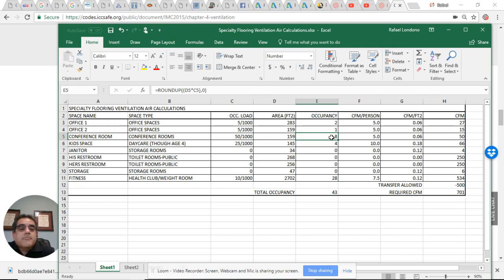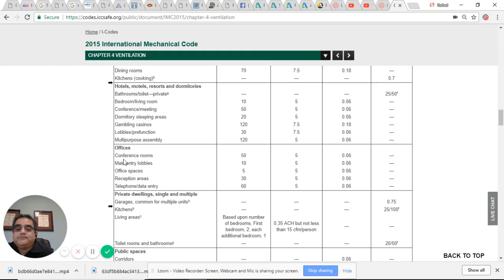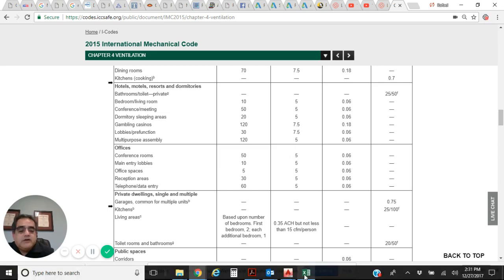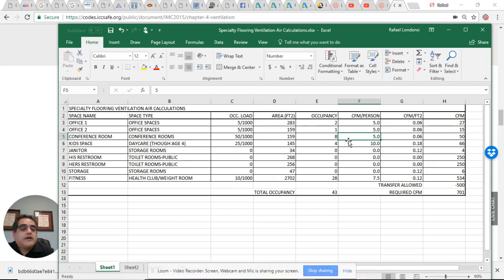Whatever. So let's see if the CFM per person for conference room and the CFM per square foot change. Go back to the table and the conference rooms 50. We have that, and it's 5 and 0.06, just like it was in offices. So that area is good to go. We calculated that.